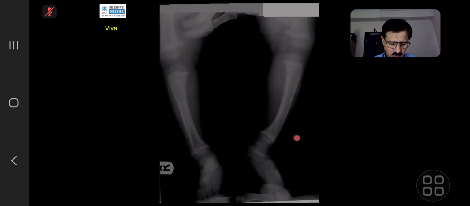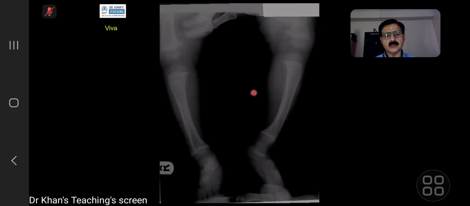There's also, I think, the impression of a spur medially. And along the shaft of the tibia, what do you see? Yes, there's a bilateral periosteal reaction.